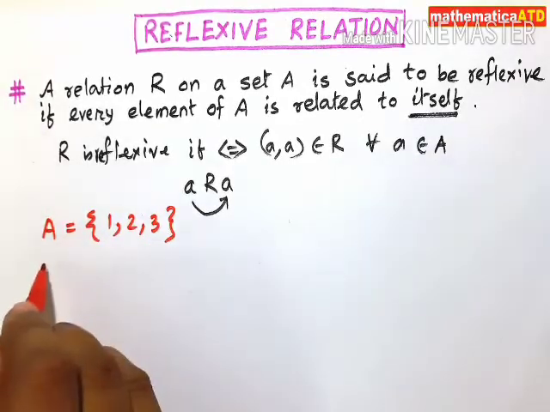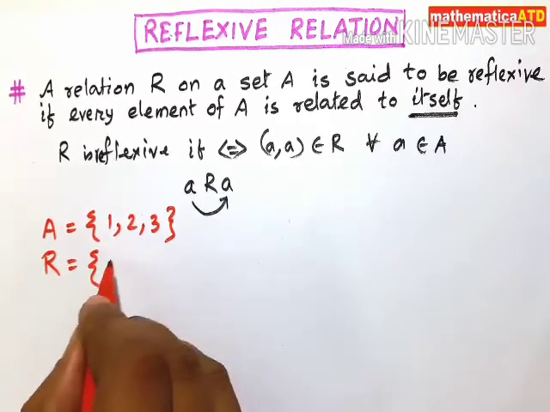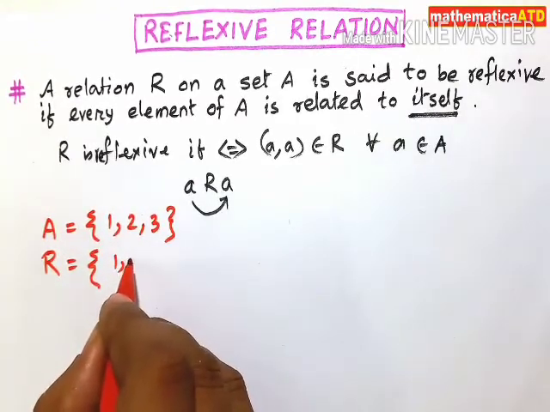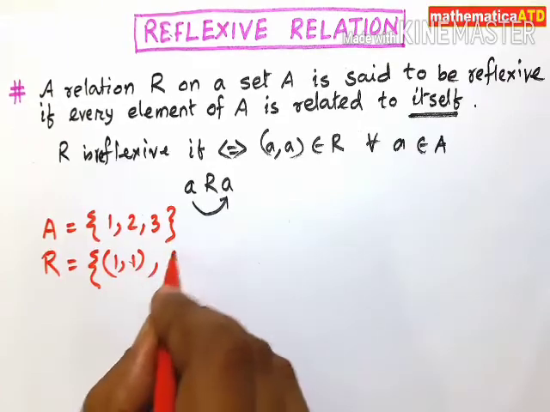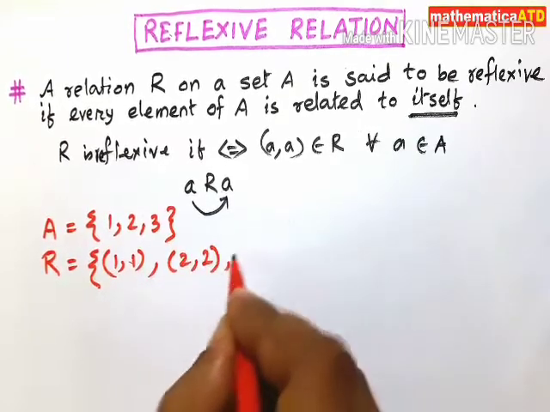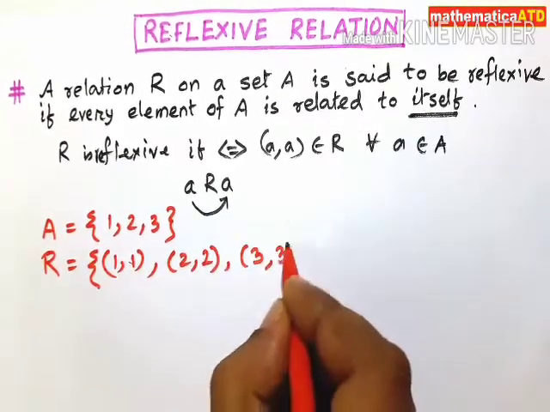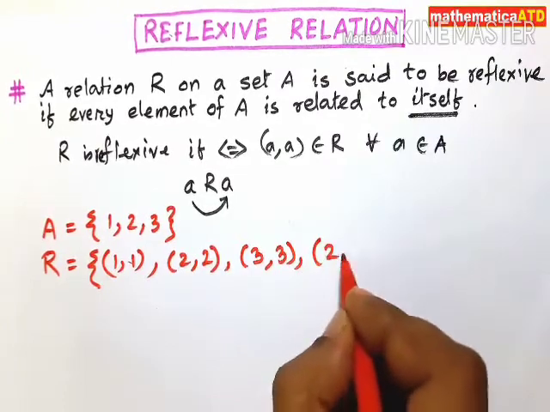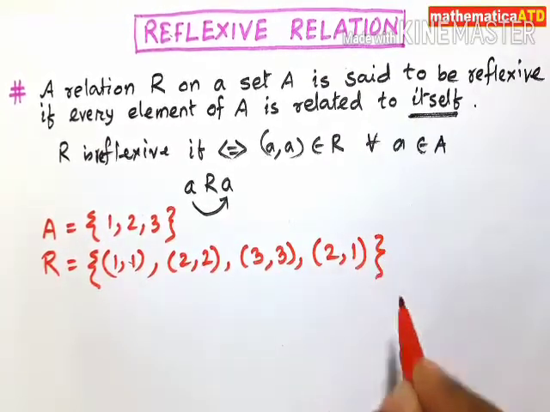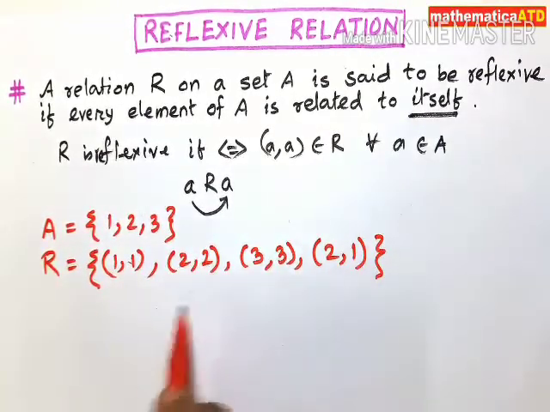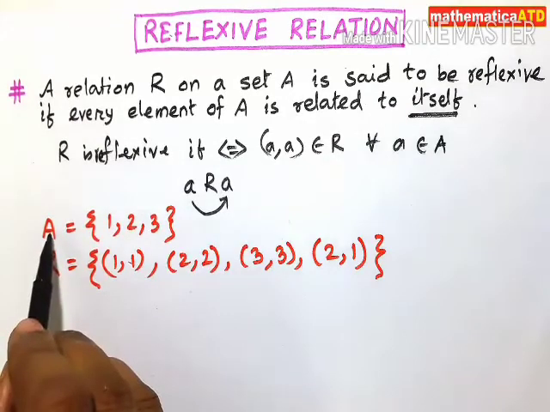Then we consider a relation say R like this: ordered pairs (1, 1), (2, 2), (3, 3), (2, 1). This relation is reflexive on the set A.